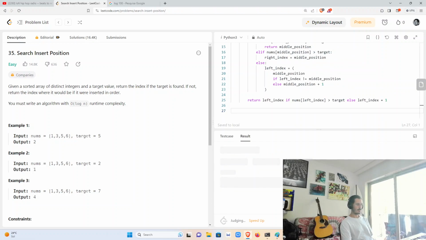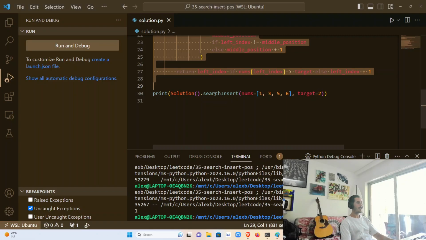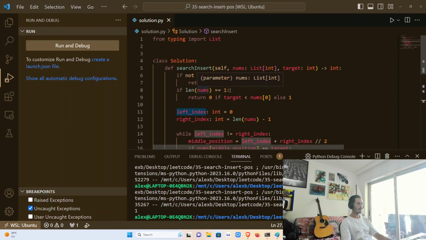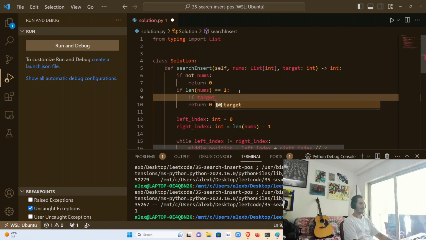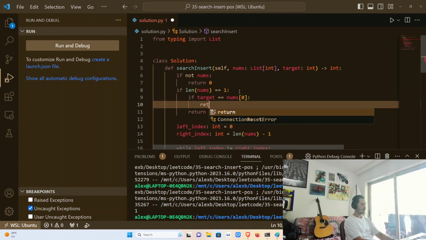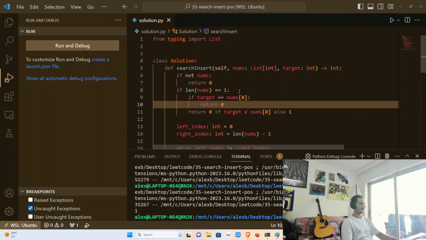Let's see. Still? Oh, if it's the same. Yeah, of course. If target equals nums 0, return 0.